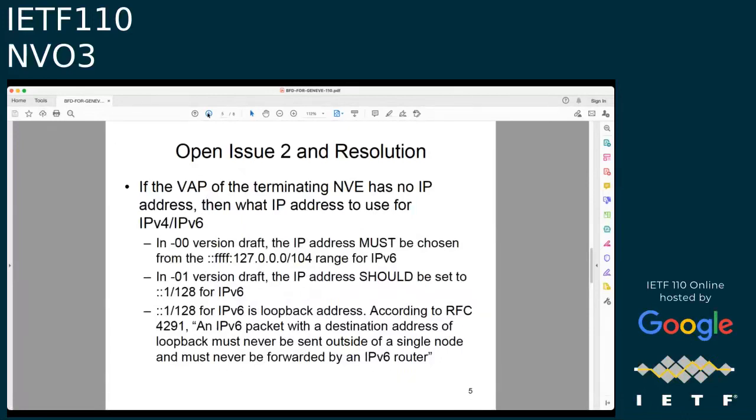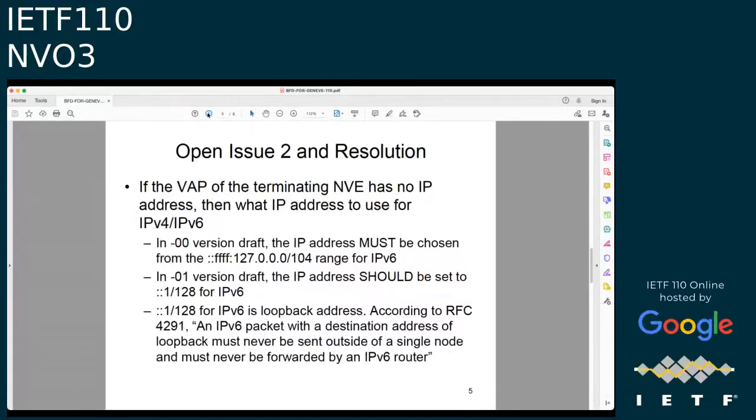Nevertheless, in the 01 version draft, in this scenario, the IP address should be set to ::1/128 for IPv6. That's because ::1/128 for IPv6 is a loopback address.